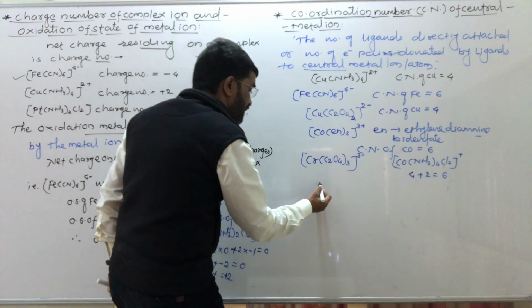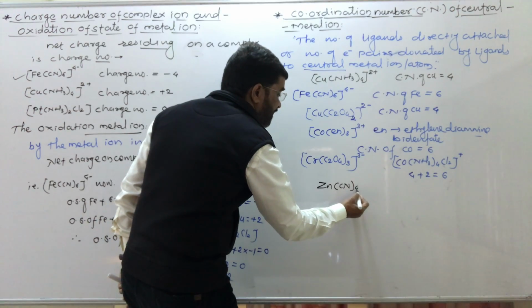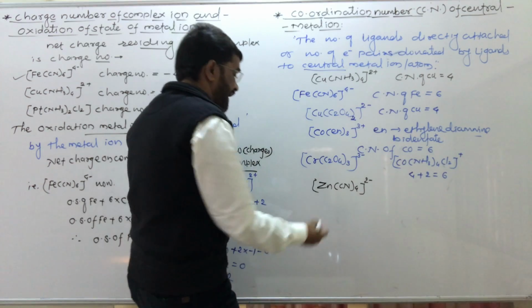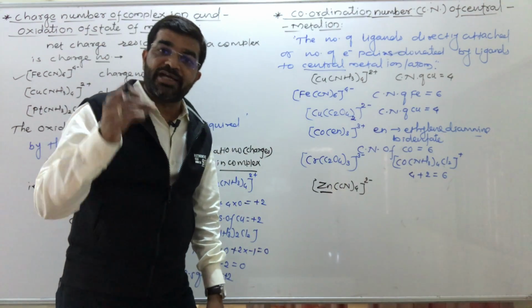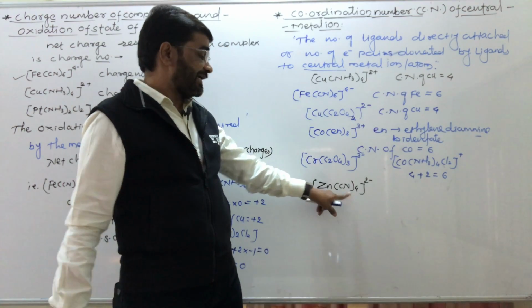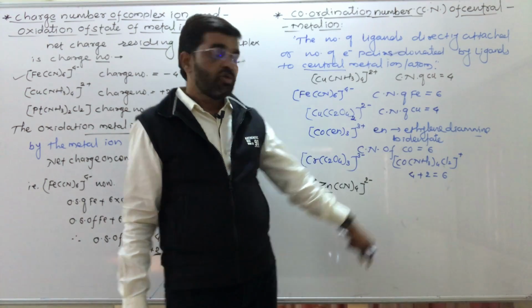You see here [Zn(CN)4], here the charge is -2, and suppose the question asks what is the oxidation state of zinc in this tetracyanozincate(II) ion.